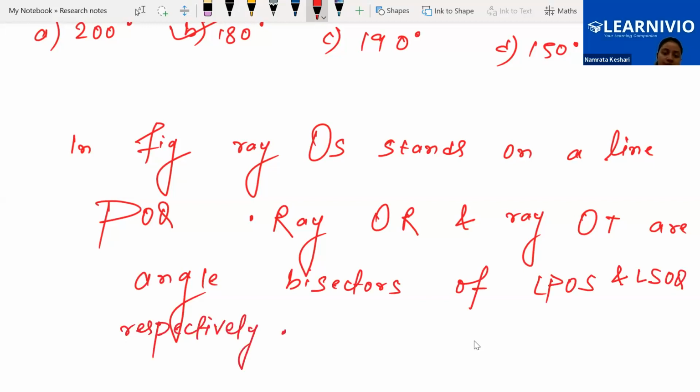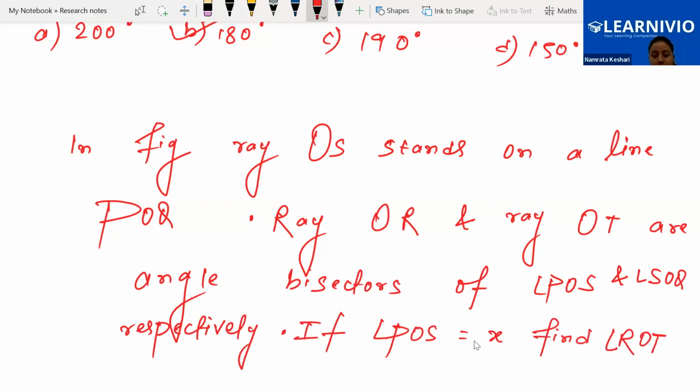If angle POS is equal to X, find angle ROT. Okay, let me draw the figure.